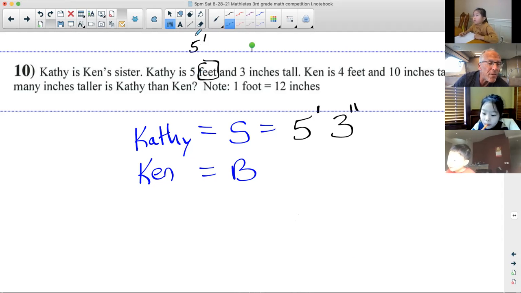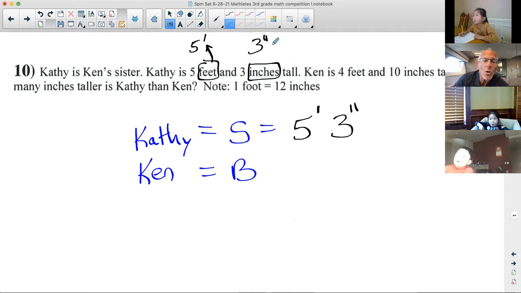And that apostrophe stands for feet. Now, inches is a quotation mark. The quotation mark is above the apostrophe, and that means inches. So we can write 5 apostrophe 3 quotation to represent 5 feet 3 inches tall.